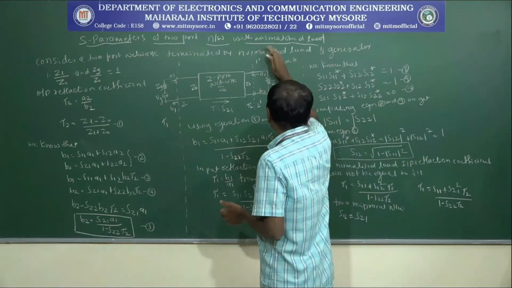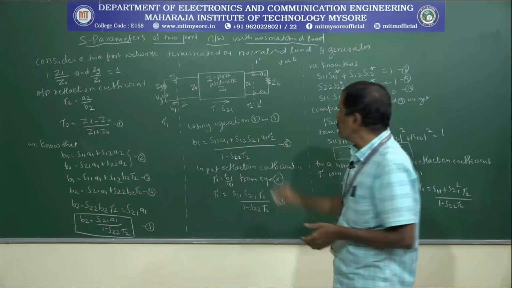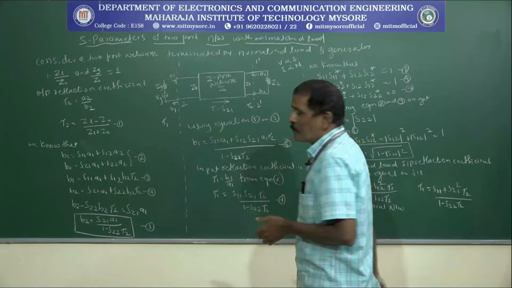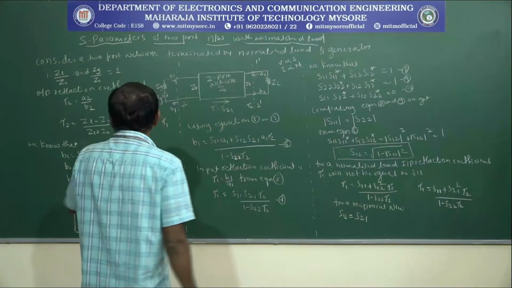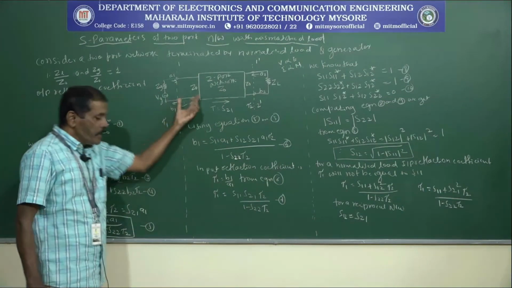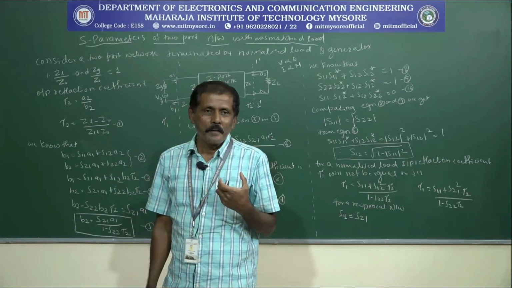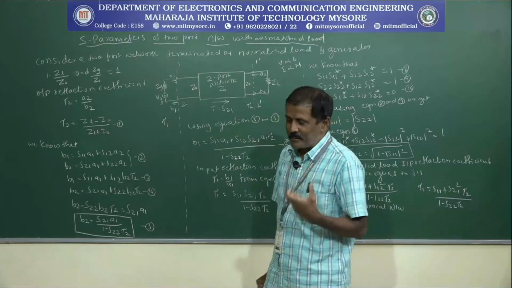Here, whatever voltage exists is proportional to the electric field, and whatever current is there is proportional to the magnetic field. Let us continue this analysis of the two-port network. Here we are considering the normalized load. What is normalization? You already studied it in Smith charts.